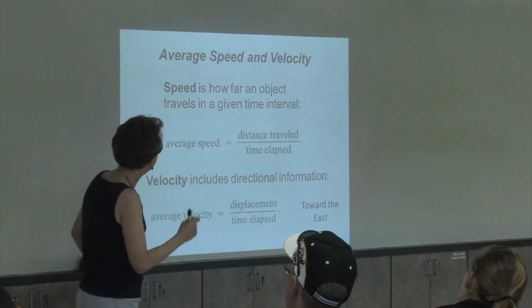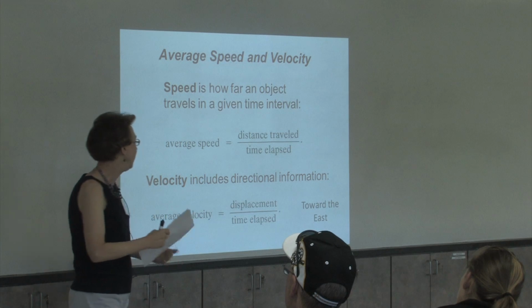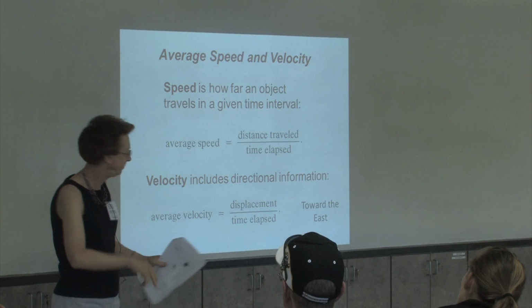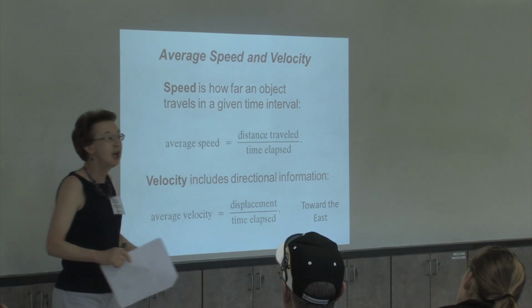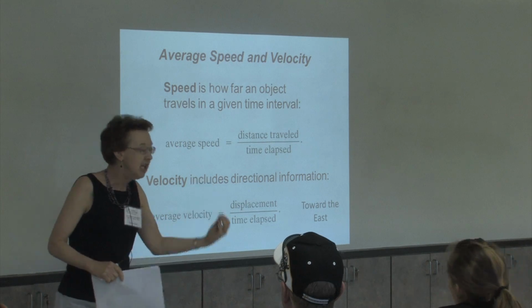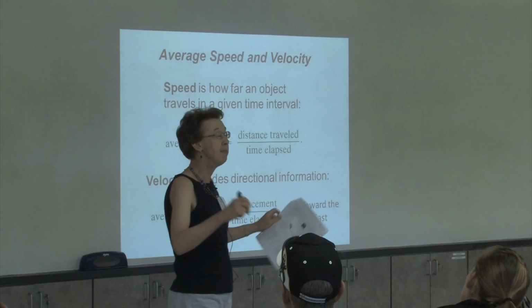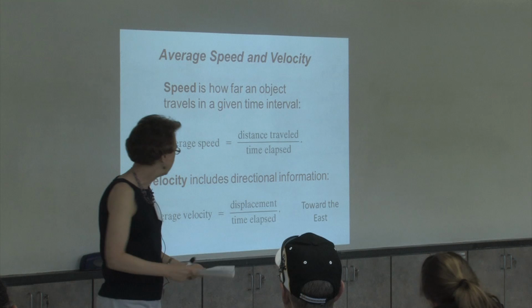So speed is a scalar, it's just a quantity, it's a magnitude. Velocity tells me not only my speed, but also which direction I'm going. Although I'm going to use the term velocity, and we're going to use the letter V for velocity, we're mostly going to be concerned with the magnitude, not the direction, pretty much.